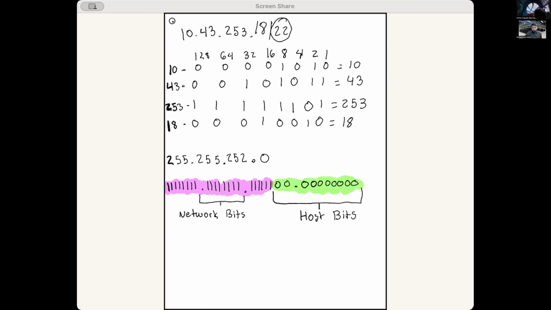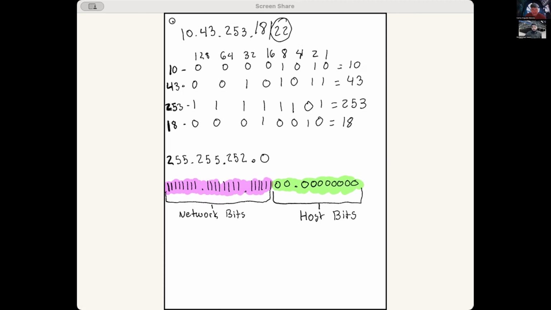I'm going to scale this a little bit, from here to here. So what does this mean? This means you have a lot more hosts compared to your /24 before, since you got those extra two bits for the host section.